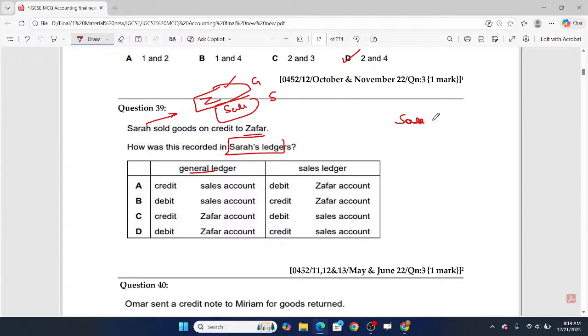In your sales ledger, how do you record? Jafar. So Jafar will be posted in the debit side of the sales ledger. So A is the correct one. And sales should be in the credit side of the general ledger.